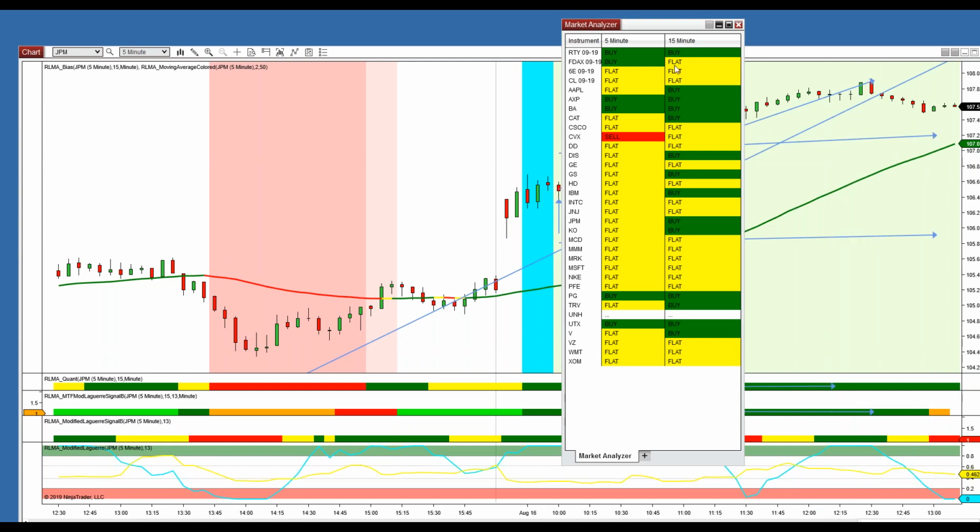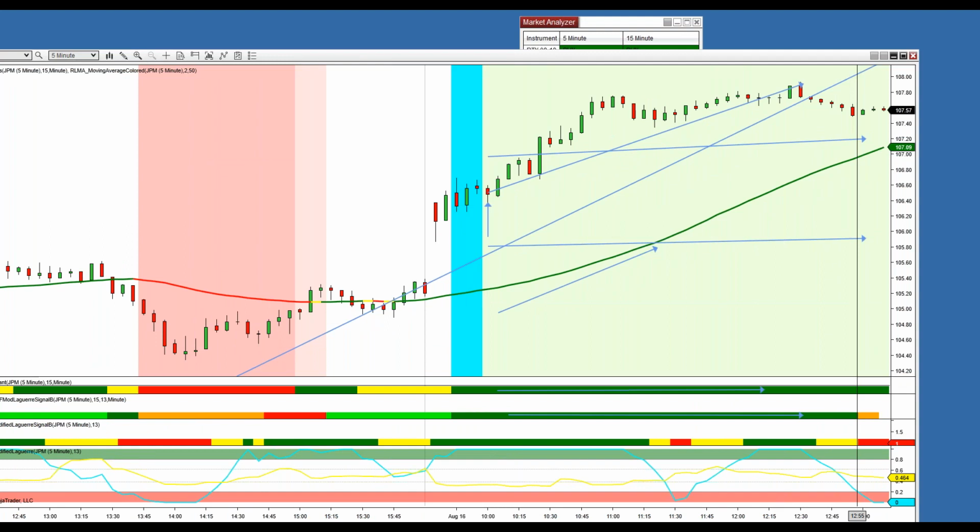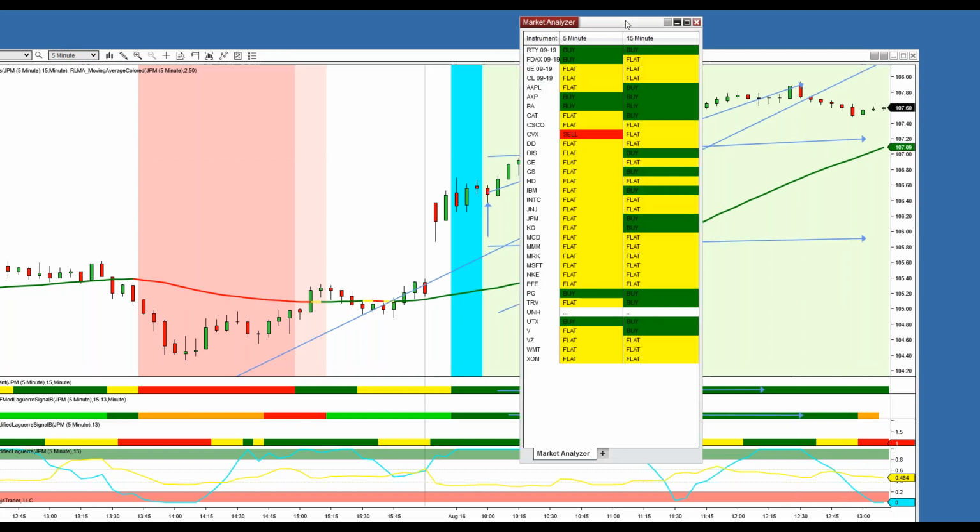And you see that JP Morgan is no longer flashing you a buy because the multi-time frame Laguerre is now orange. It's now telling you this is not a great place to enter. You need green here, you need green here, and the initial entry, you need the chart Laguerre up. Once this multi-time frame Laguerre goes orange, you lose the buy signal.